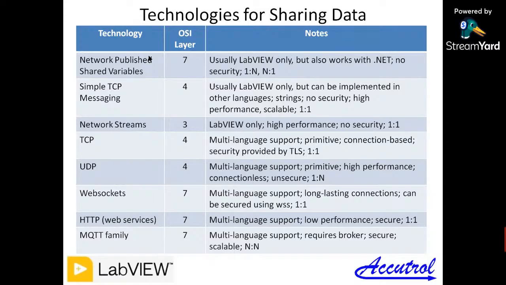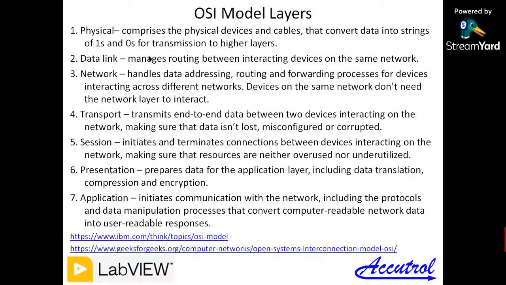So layer 7, that's right here. Layer 7 is the application layer. It's the highest layer, and that means it brings along with it all the lower layers as well. You had said somewhere, look it up, open systems interconnection. Open systems interconnection. Thank you. OSI.